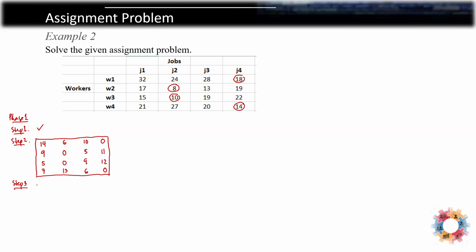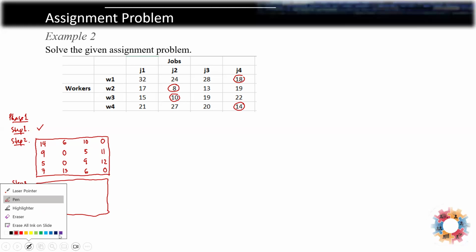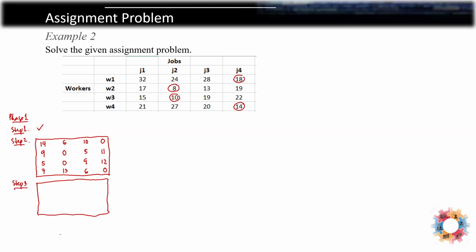Again, we will create another table. And then let's identify in each column the smallest value. Step number 3 is column reduction.